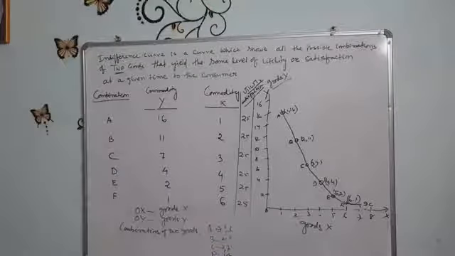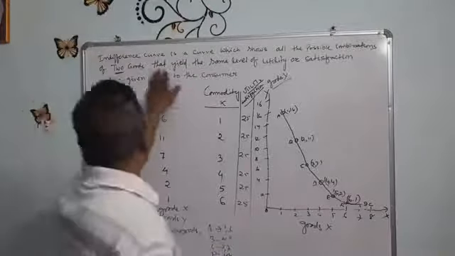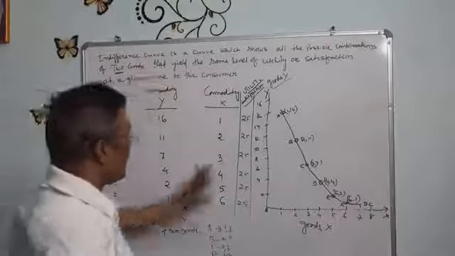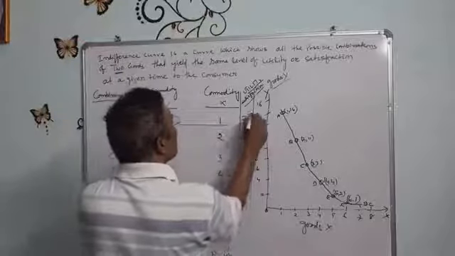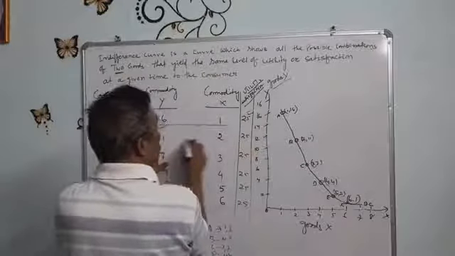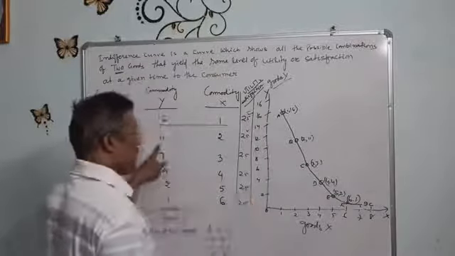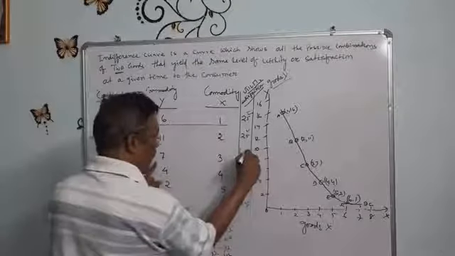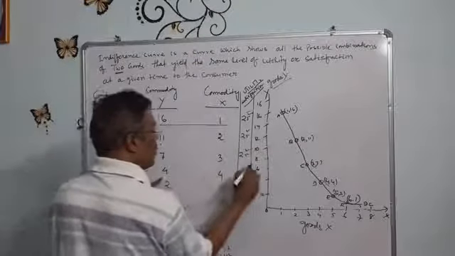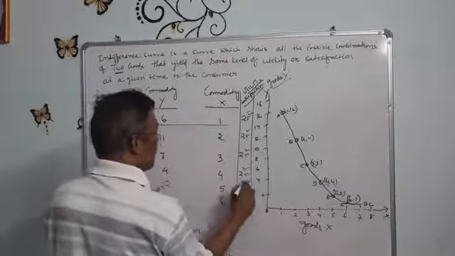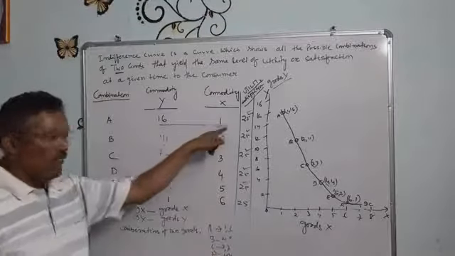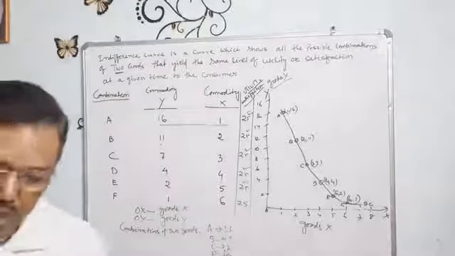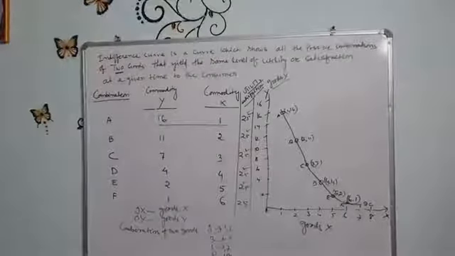These are the possible combinations of two goods that yield the same level of satisfaction. The first case gives the same level of satisfaction, 25. Second, the B combination, 25 satisfaction. C case, 25 satisfaction. D case, 25 satisfaction. E case, 25. All the combinations of goods X and Y yield the same level of satisfaction to the consumer. That is called the indifference curve.